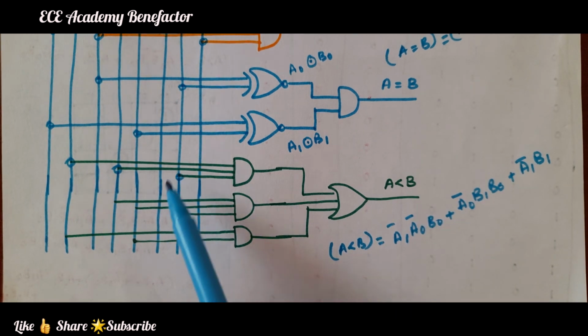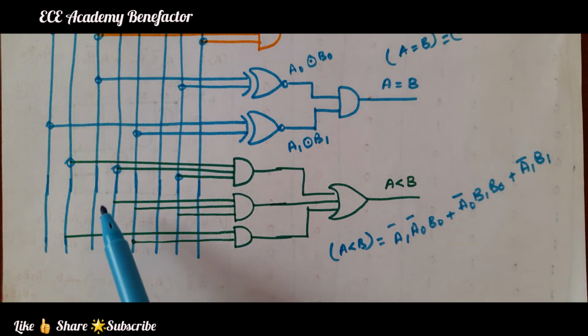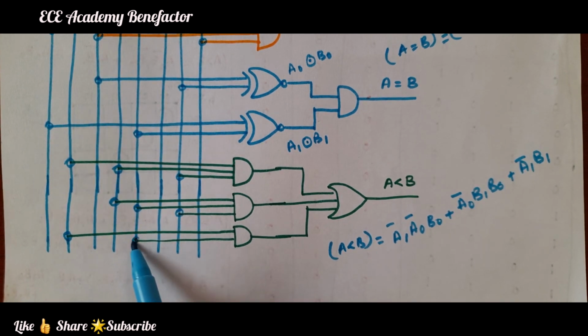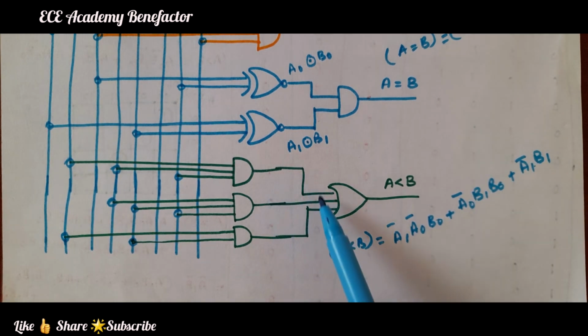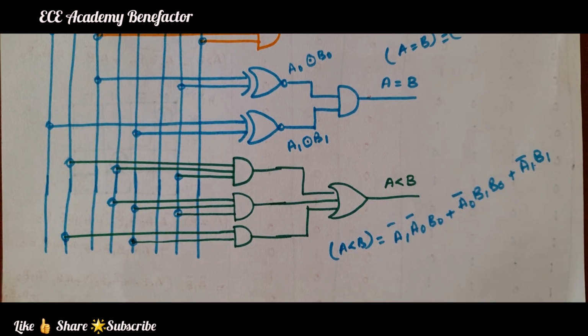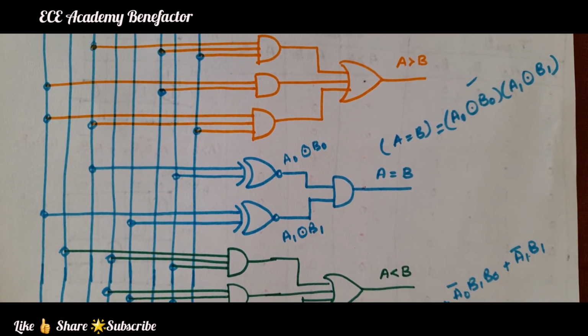Next term is A0 bar, B1 and B0, and the next term is A1 bar B1. So we have three AND gates given to an OR gate to get the output expression of A less than B. This is how we draw the logic diagram for a 2-bit comparator.